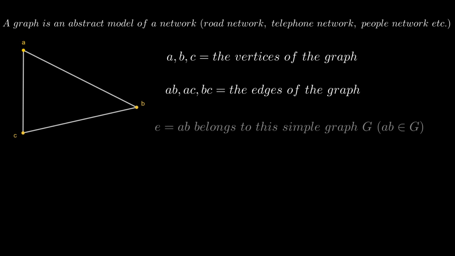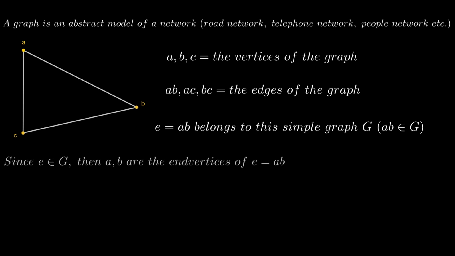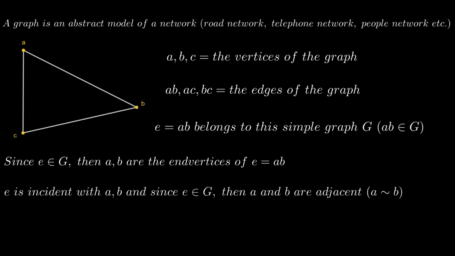So the edge AB, for example, in our simple graph here, belongs to the graph. Since E belongs to the graph, and A and B are called the end vertices of E, we say that E is incident with A and B, and that A and B are adjacent since there's an edge connecting them. And this is the notation we use here to say that A and B are adjacent.